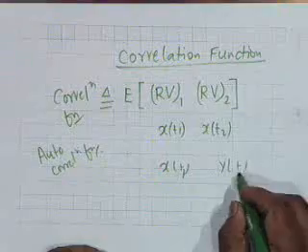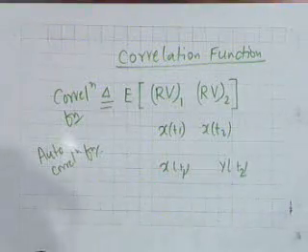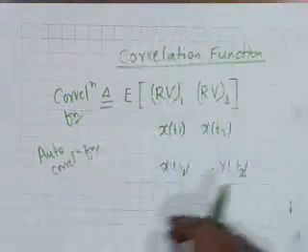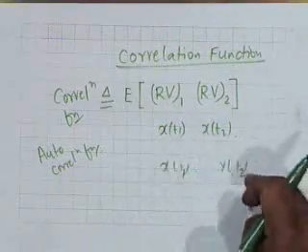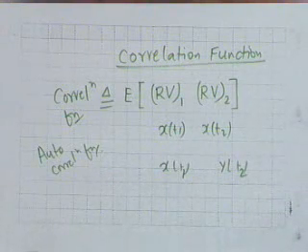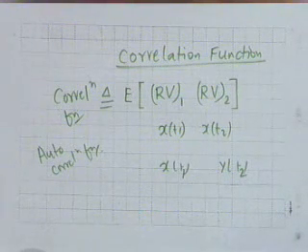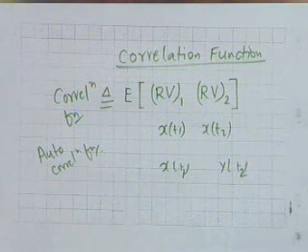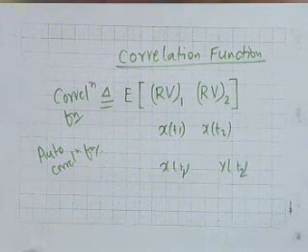On the other hand, if the two random variables come from different random processes, let's say x of t and y of t, and we take two different time instants, the random variable over the ensemble of capital X and ensemble of capital Y, and we find the expected value of this product, obviously we shall require a joint probability density function.